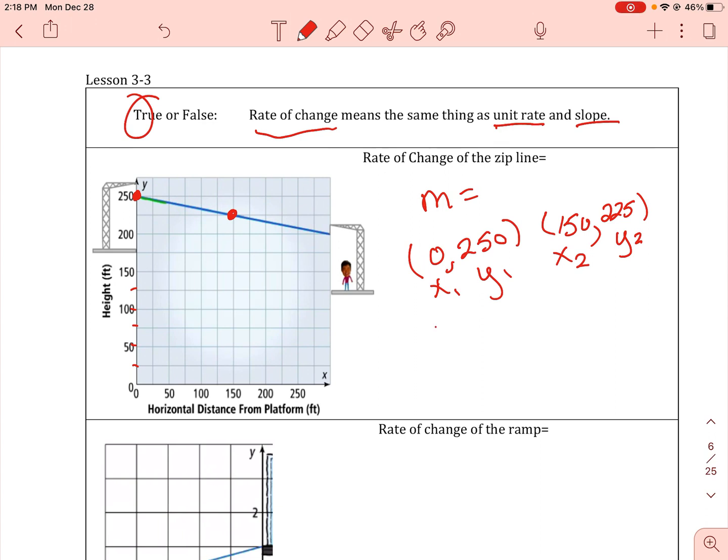So I'm going to use my formula for finding slope that we learned in the beginning of the chapter. Change in y over change in x. And I see I have negative 25 over 150.